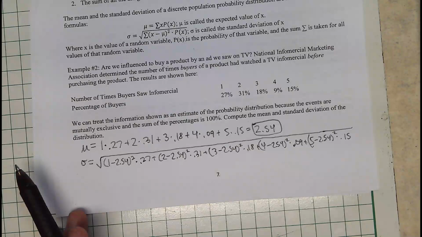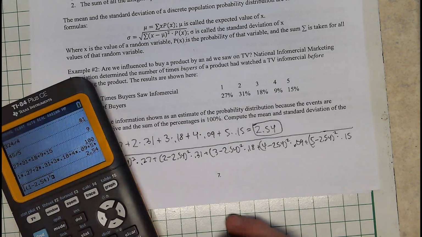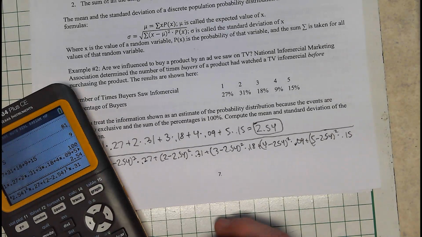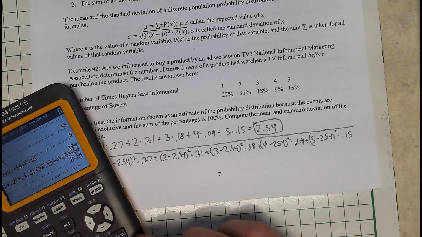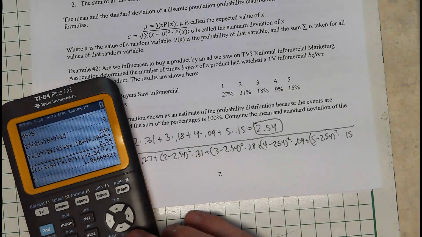So you're going to have to do the square root of, open parenthesis, 1 minus 2.54 squared, times 0.27, plus 2 minus 2.54 squared, plus 3 minus 2.54 squared times 0.18, plus the next term squared times 0.09, plus 5 minus 2.54 squared, and I get 1.366.